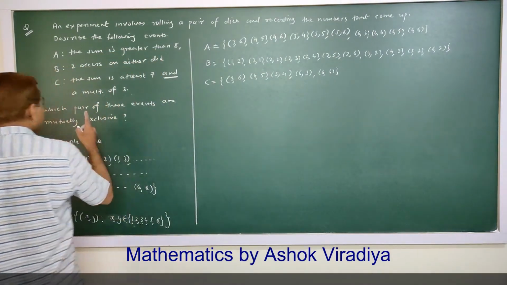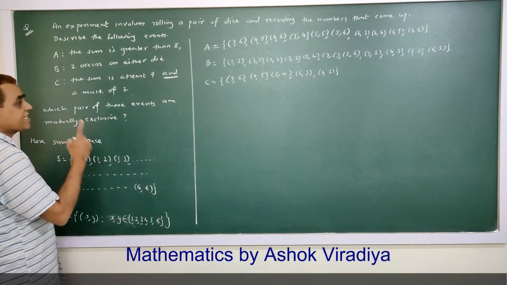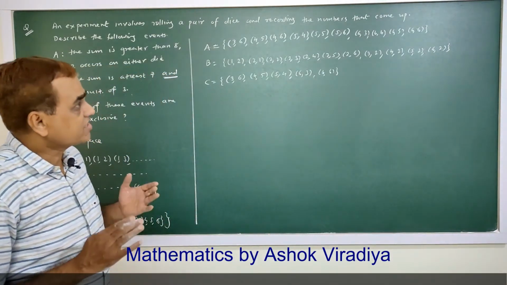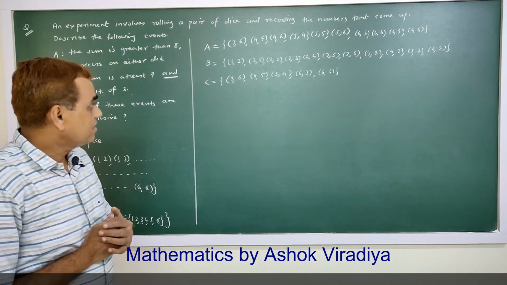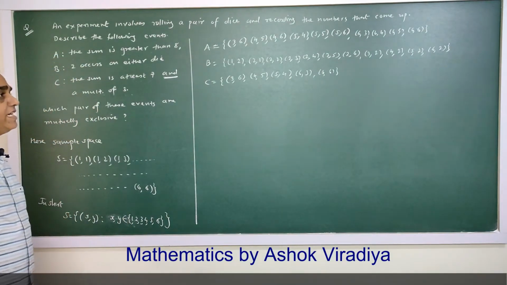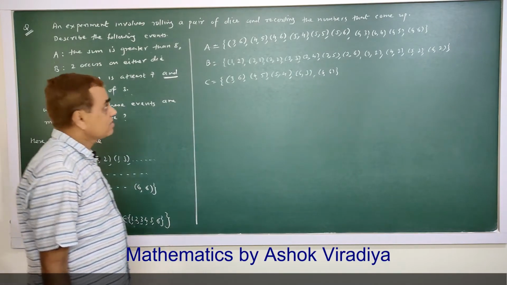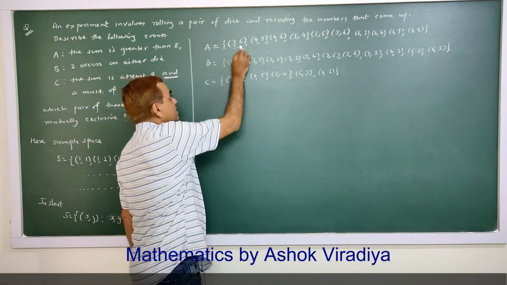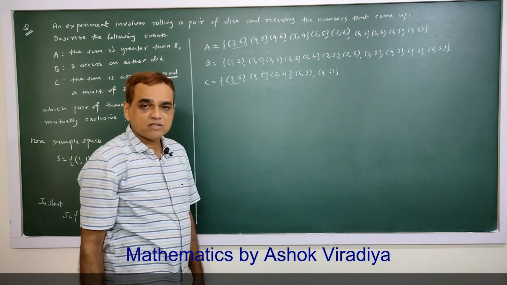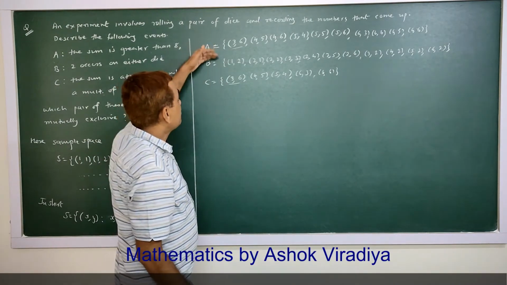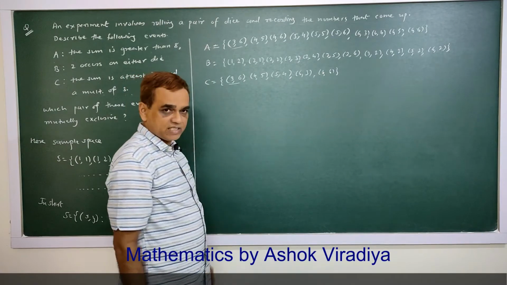Now, which pair of these events are mutually exclusive? Mutually exclusive means the intersection is empty. So check whether the intersection is empty in which two events. Say here, this is common, so the intersection is not empty. So these are not mutually exclusive events.